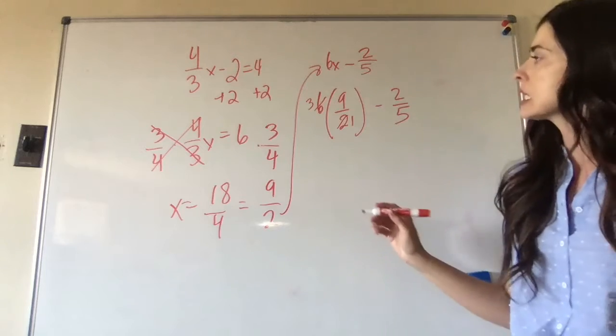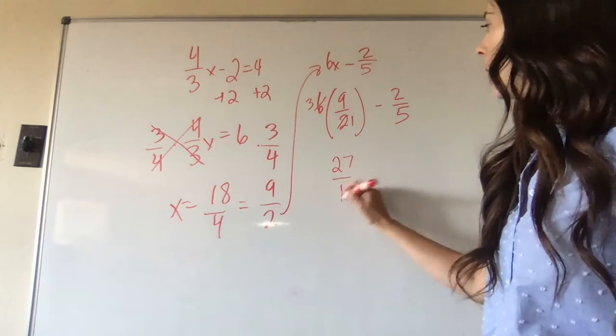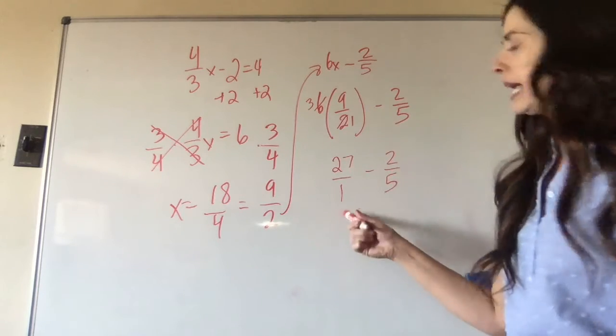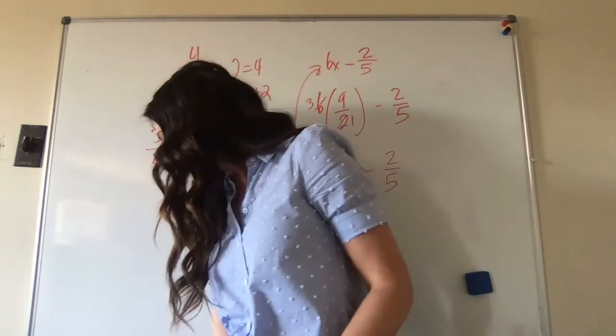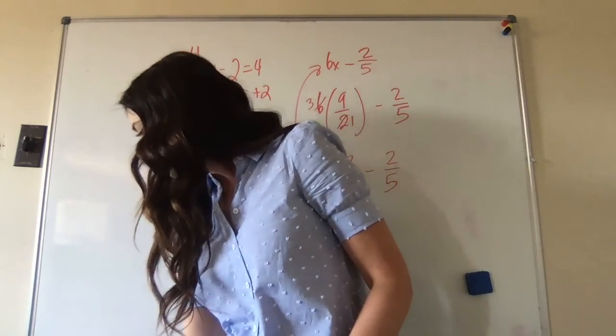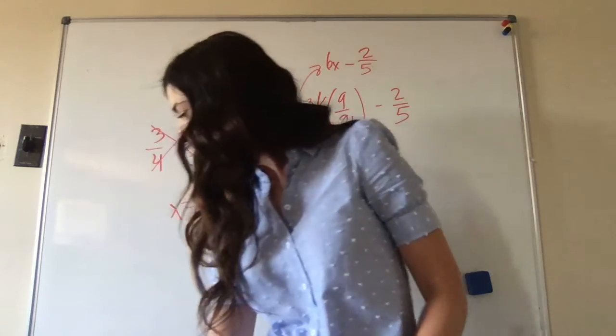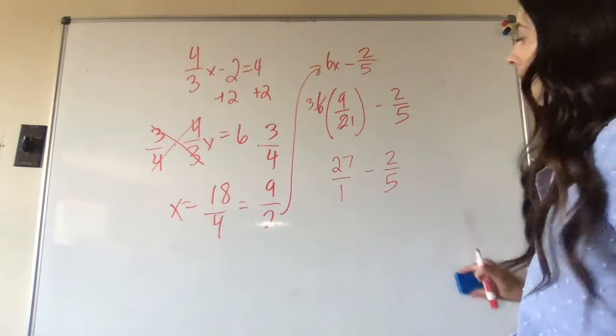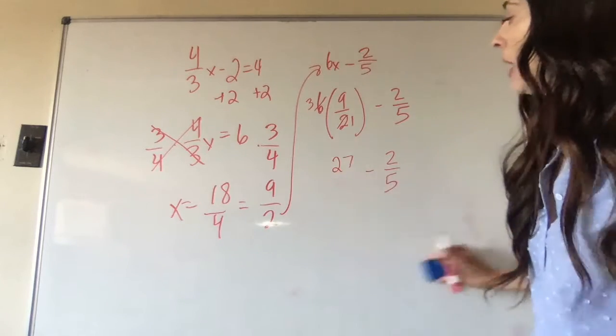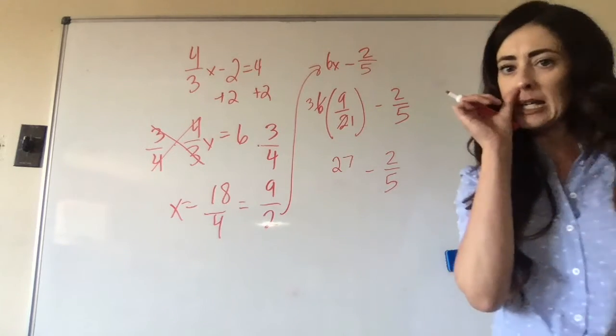So we get 3 times 9 is 27 over 1 minus 2/5. I left it over 1 on purpose. I feel like these numbers are off a bit. Let's make sure. Oh, okay, I was thinking wrong. Okay, so we have 27 minus 2/5.